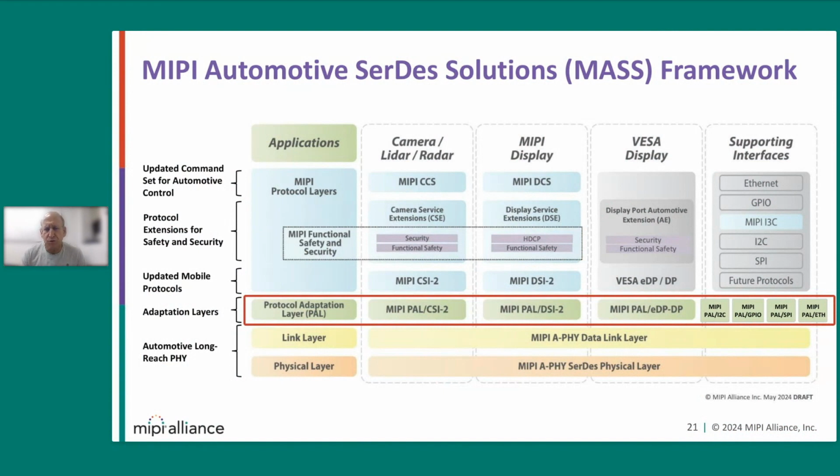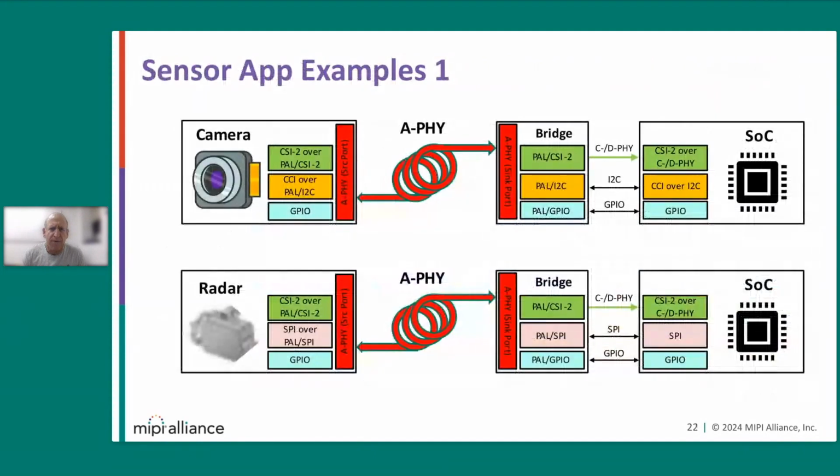We have also the PAL for eDP and DP for VESA DisplayPort. And on the rightmost part, we have a bunch of smaller boxes for adaptation layers, for control and management protocols and interfaces like I2C, GPIO, SPI, Ethernet, etc. So this is context for our discussion right now.